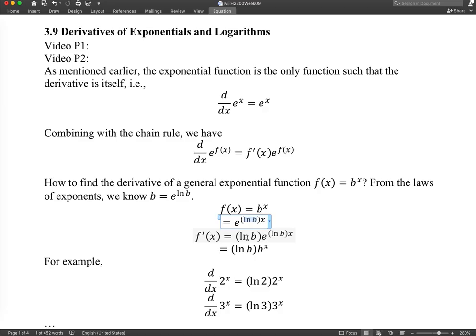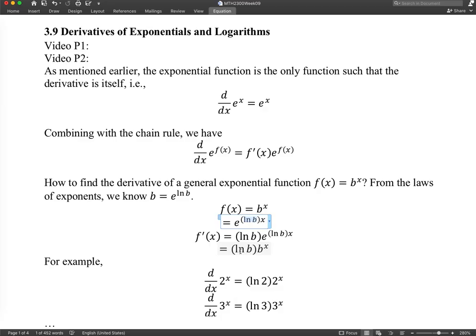And this constant ln b stays. This exponential term still looks very fancy, but see it clearly: it is converted from a very simple thing, b to the x. So in other words, the derivative of b to the x is b to the x times ln of b.